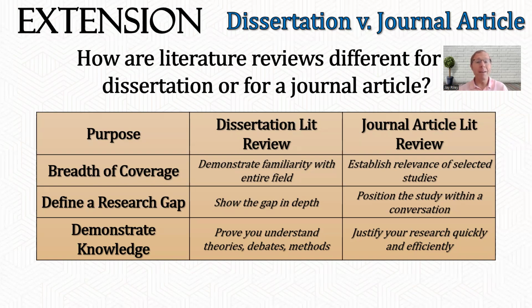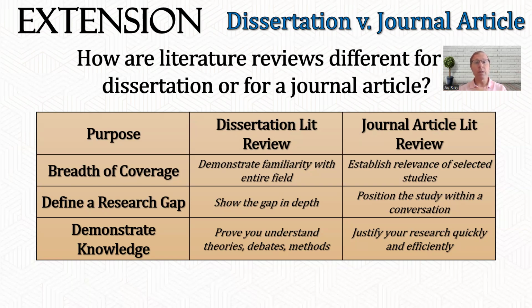So you might only have a few paragraphs to establish the relevant literature. You're just talking about the literature that's relevant to the study that you're doing. When you're writing your dissertation, you're really looking to show depth. I shouldn't necessarily say a wide gap, but you're looking to show depth.